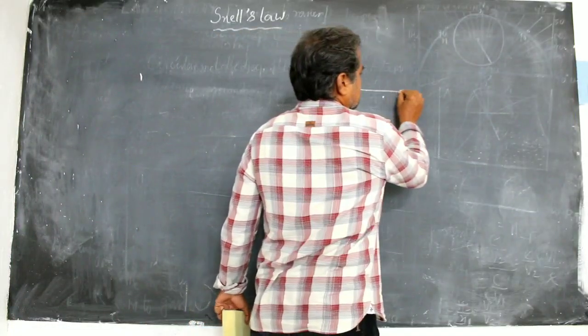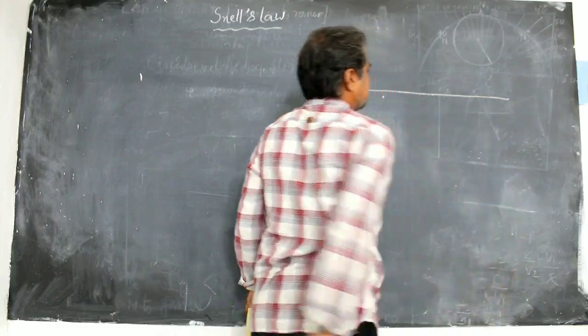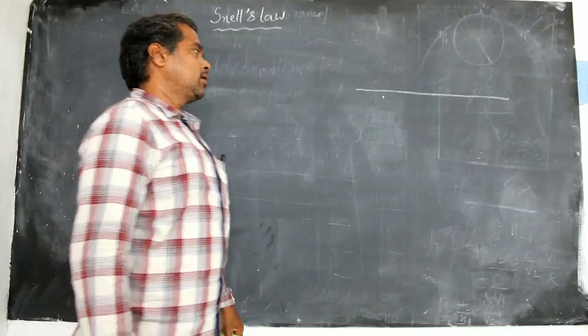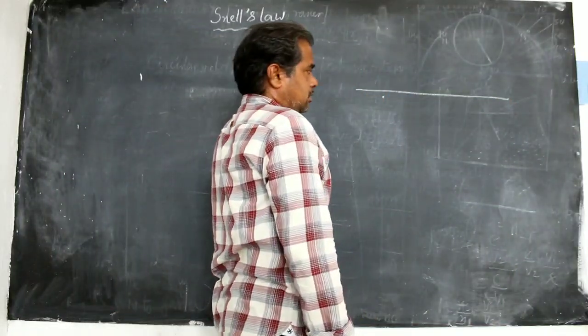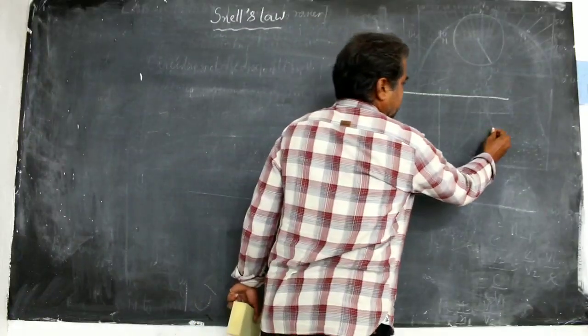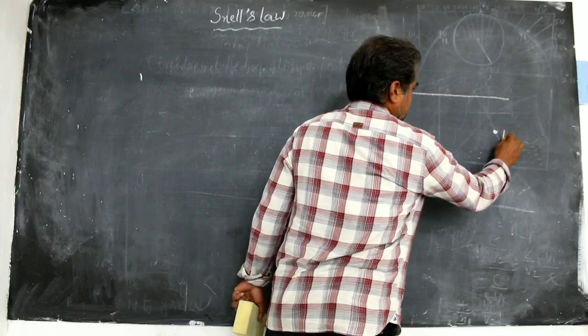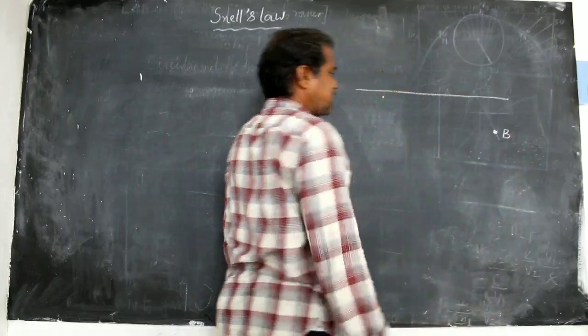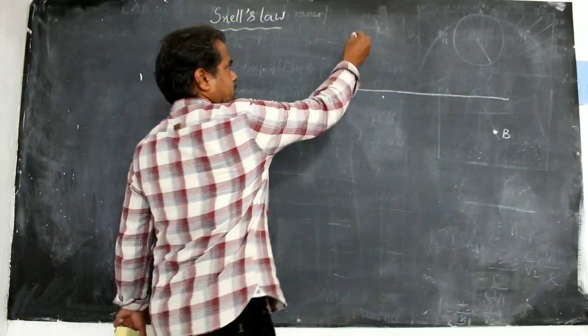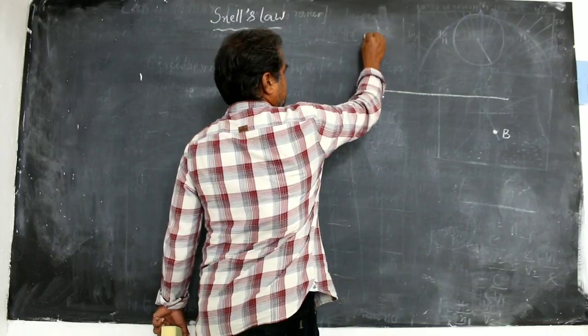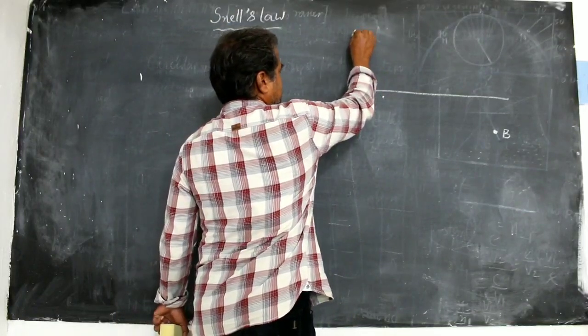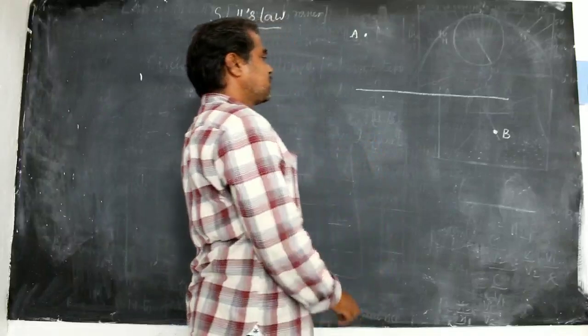This horizontal line is treated as the shore of an ocean or river, where the person has fallen from the boat into the water. This is treated as point B. The other person, on the shore, is at point A.